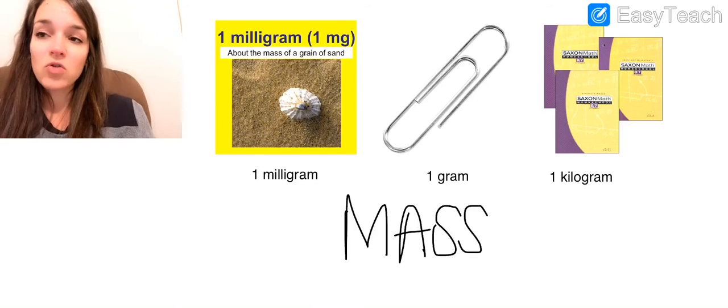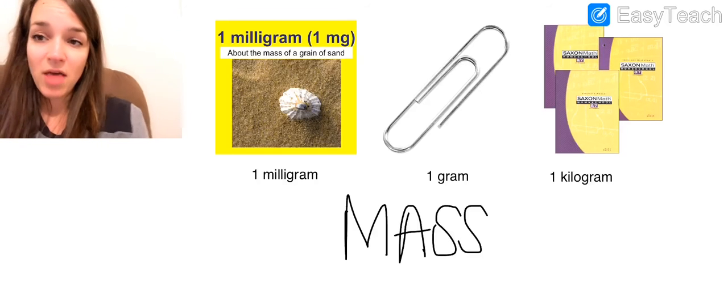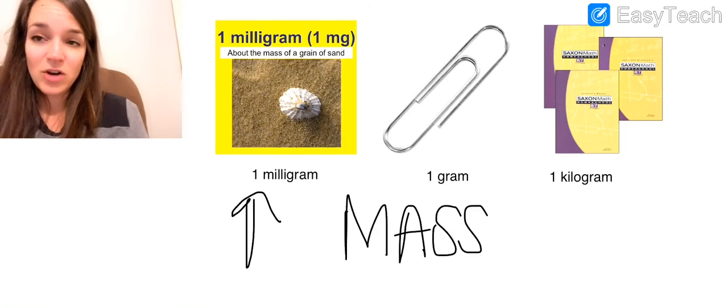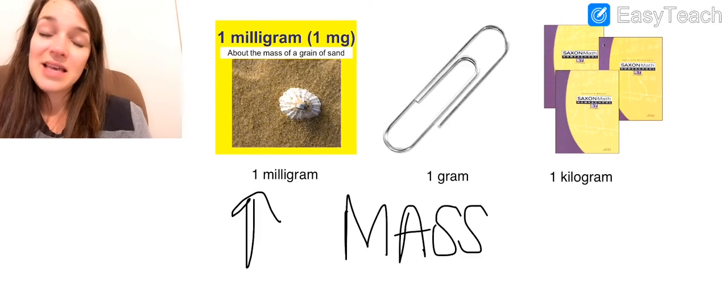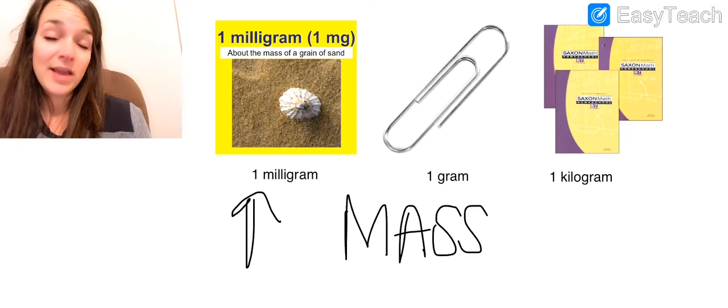So 1 gram is about the mass of a paperclip. That means it takes about 1,000 grains of sand just to equal the mass of a paperclip. That's pretty crazy. Then you've got a kilogram, which if you remember, is 1,000 grams.